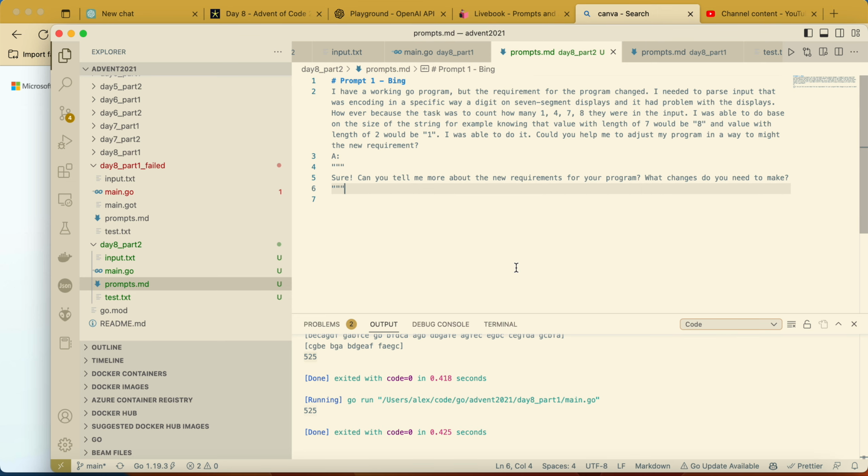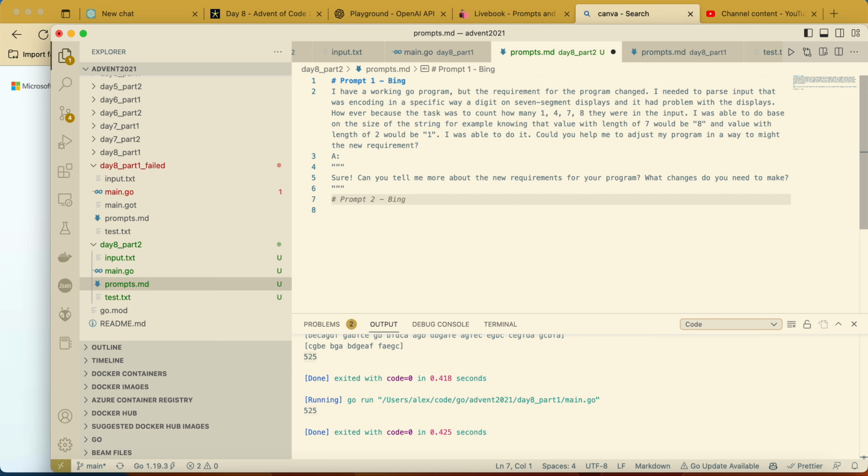So the restriction is not by half, it's up to 10 times less than what you can give to ChatGPT. For that I'm waiting for Bing to ask, can you tell me more about the new requirement for your program? What change do you need to make?